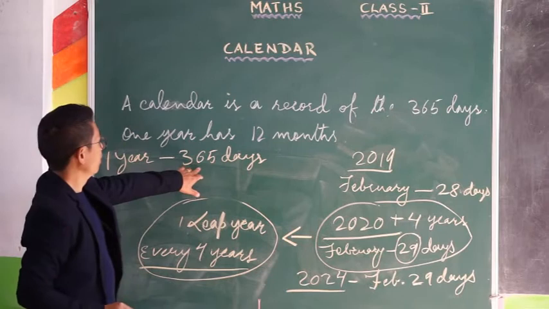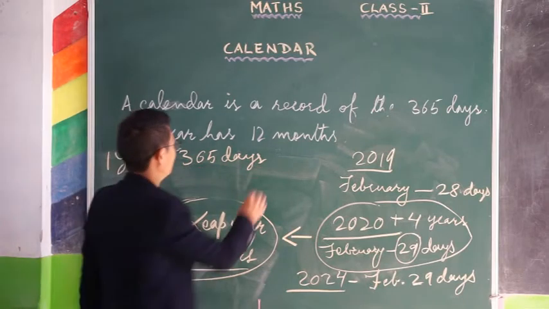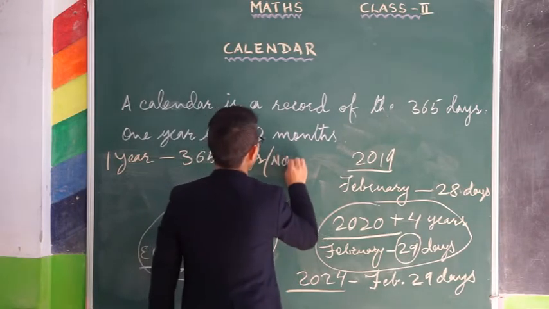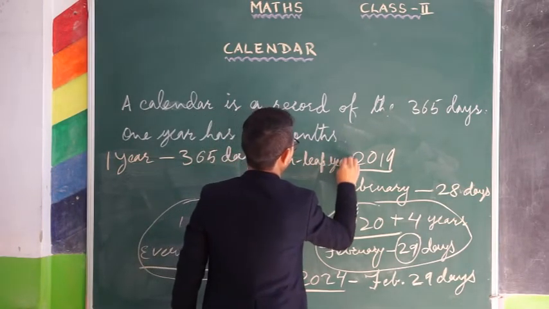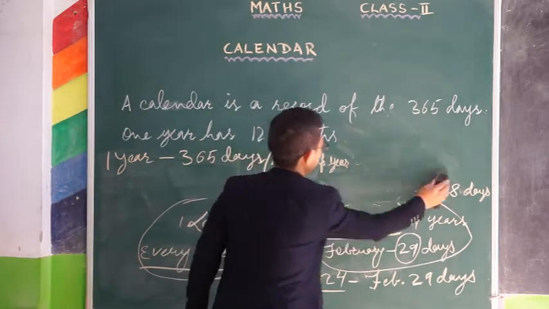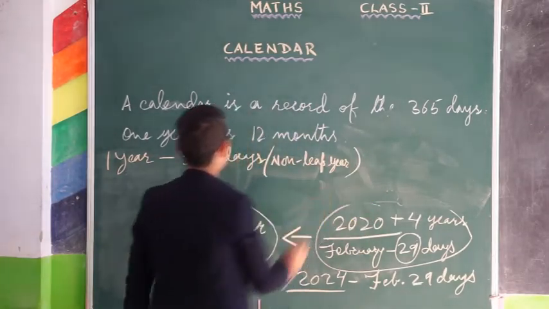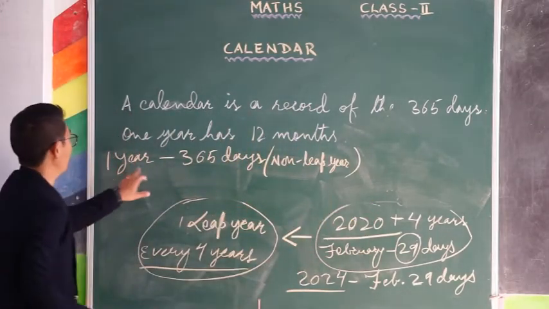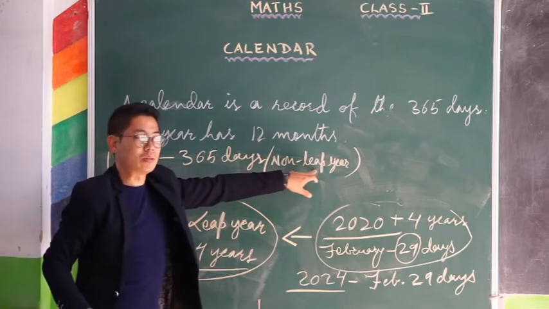This is a non-leap year. A year has 365 days. This is a non-leap year.